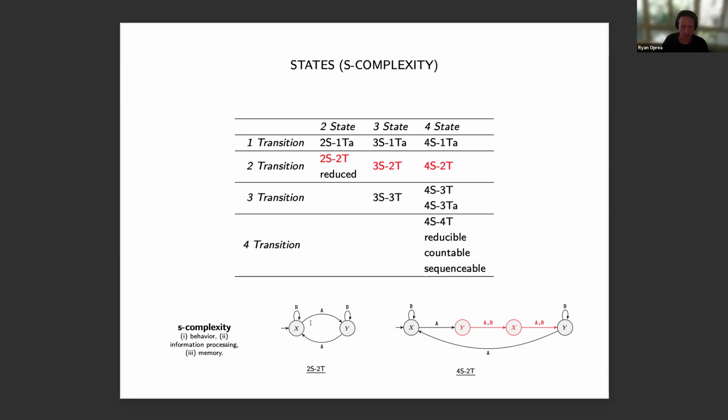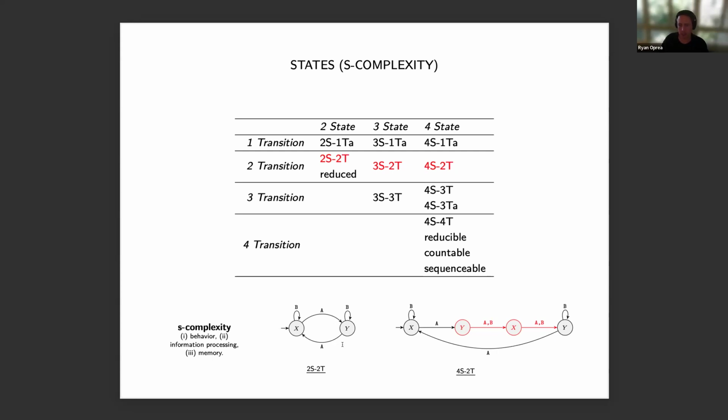A state here in a finite state machine is a kind of amalgamation of different computational acts, including instruction and information processing, and it's also the only way that these algorithms can represent memory. And so a higher state rule is one that requires more information processing and more memory. Okay, so here's an example of a state simple rule, low state complexity. This has only two states.